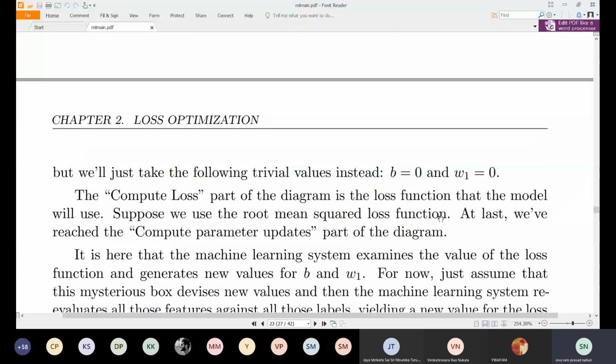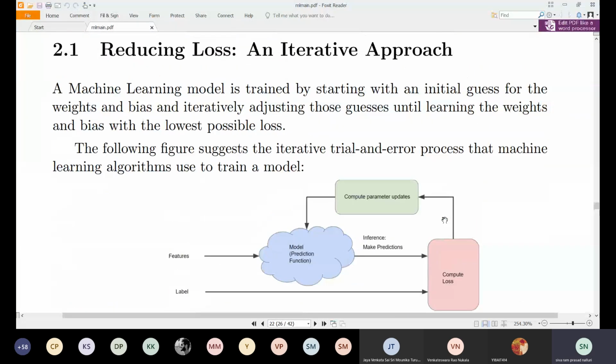Okay, in the previous class I told you how to optimize the parameters using gradient descent approach. Okay, I gave you introduction. I haven't finished that yet.